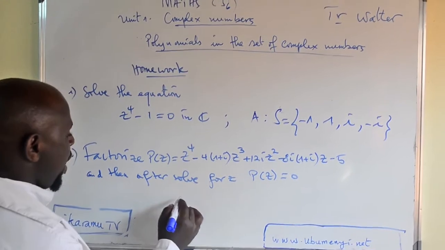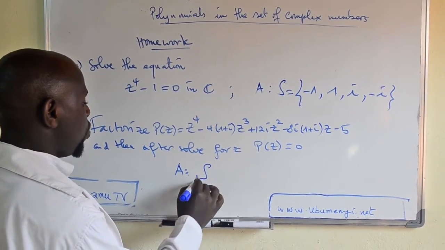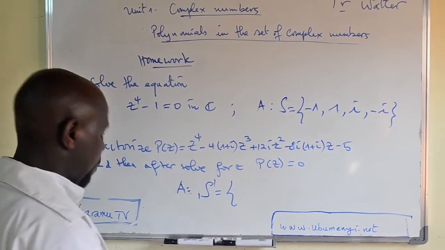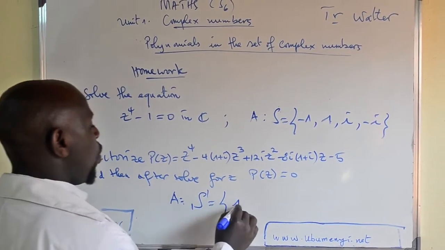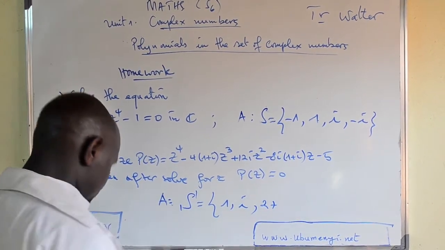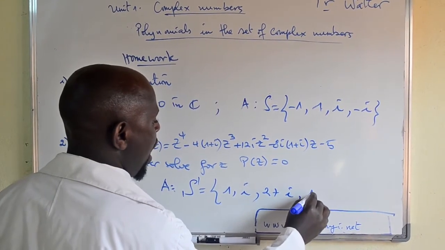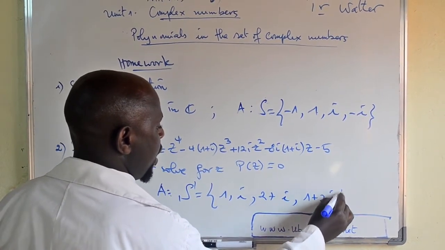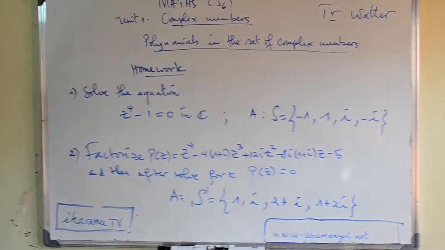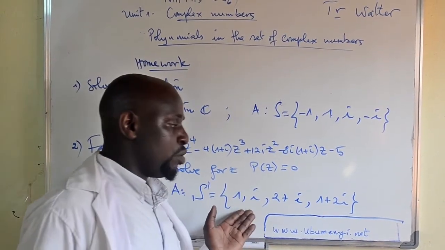Then here, if you find a solution which is of this kind, ladies and gentlemen, 1, i, 2 + i, and 1 + 2i, it means that you will be alright, and you should congratulate yourself.